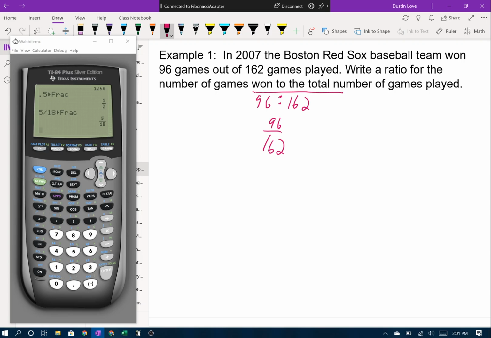You can do that by hand if you want to, but 96 divided by 162, math, enter. Yes. So that is 16 to 27, or 16 over 27.